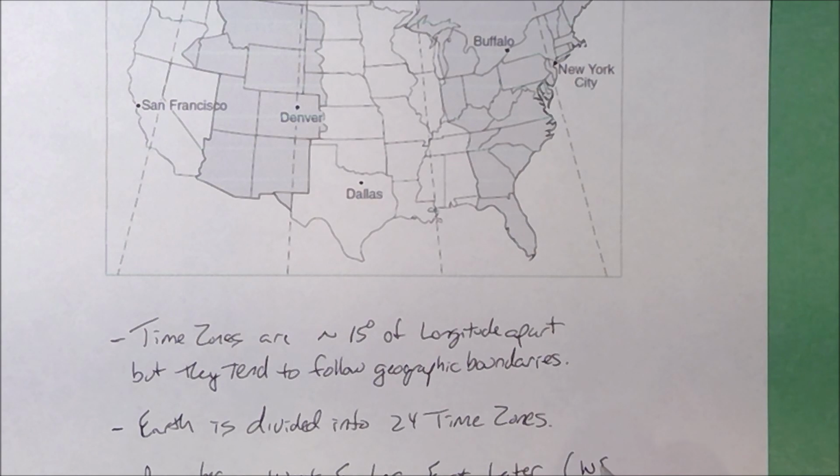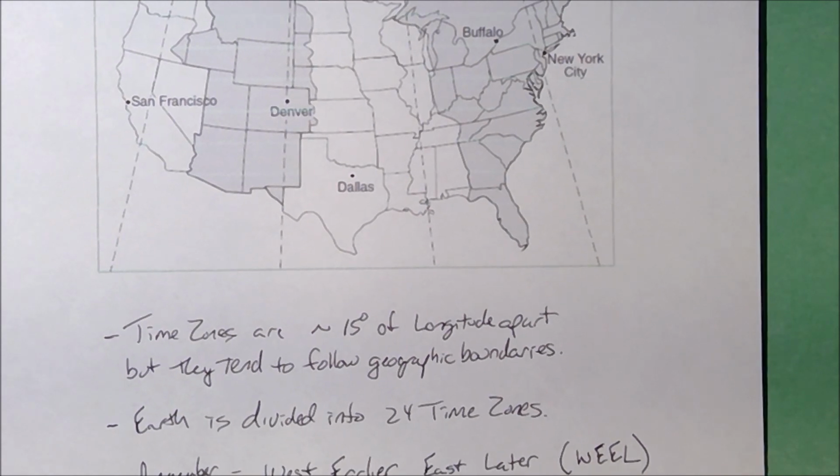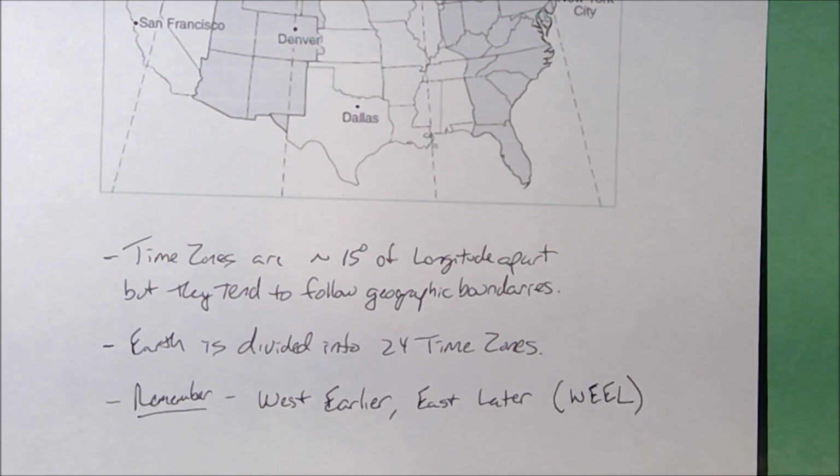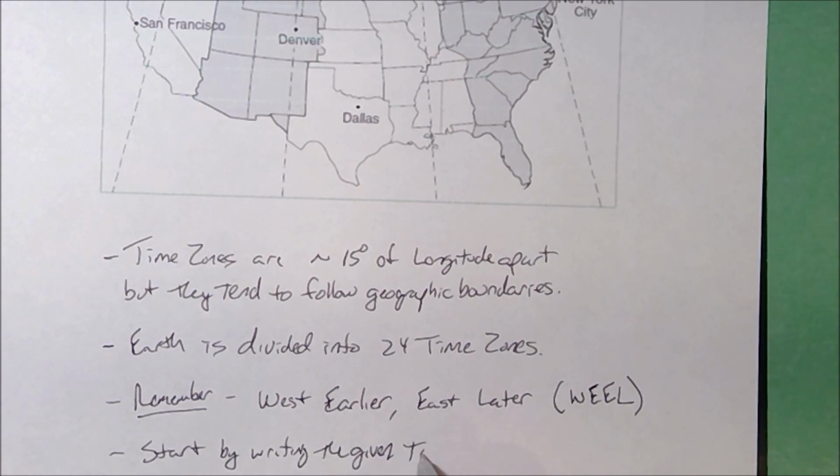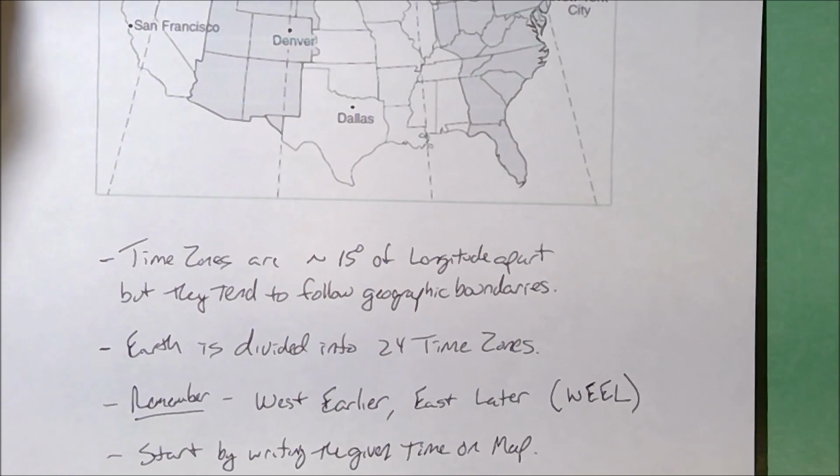Some students like to write out WEEL, W-E-E-L, when they're looking at a problem like this. And if you can, it's always a good idea to start by writing the given time on the map, if they give you a map like this.